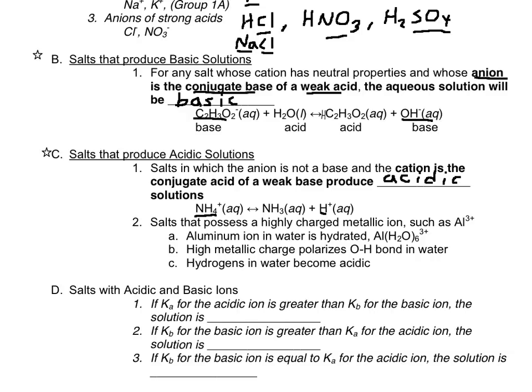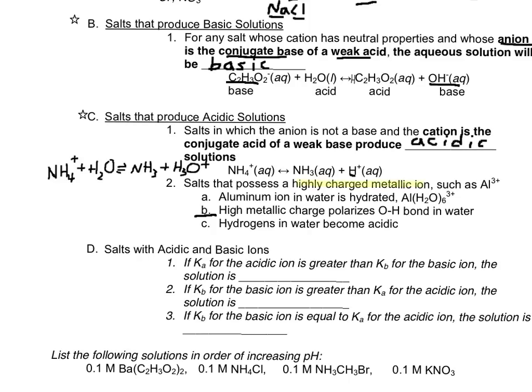Another substance that can undergo hydrolysis are salts that have pretty high charges on them, metallic ions that have high charges on them, like aluminum. Iron is another one that shows up. These will form complex ions with the water molecule, and the water molecule becomes highly polarized, and what happens is one of the hydrogen ions on these water molecules that get attached to the ion will become easily removable, and that's called the acidic hydrogen.